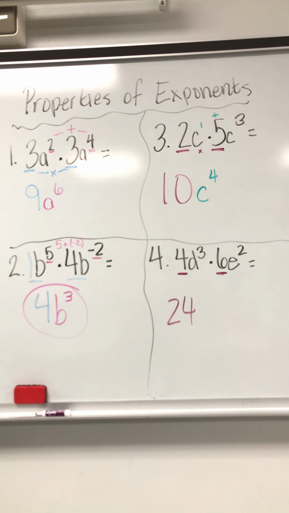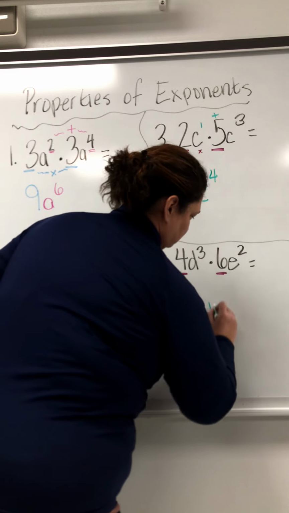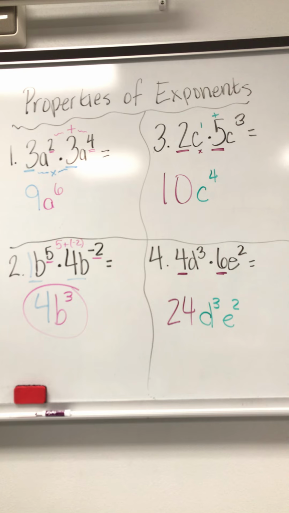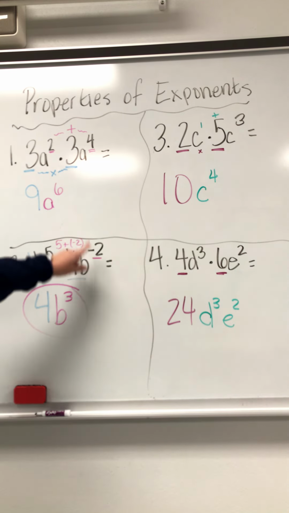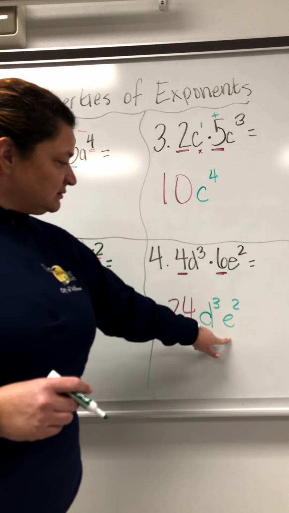They're not the same. What can we do? We really can't do anything except bring them down. That's all we can do with them. Since they do not match, we can't add them together. So we can just bring the d cubed down and an e squared down.